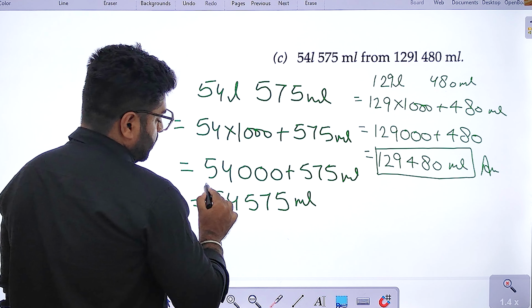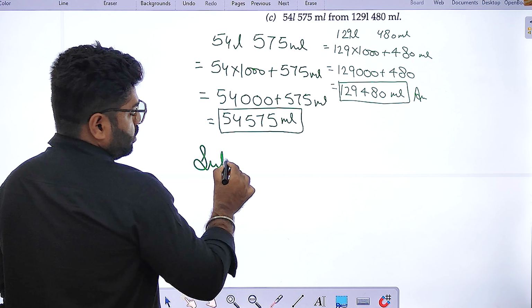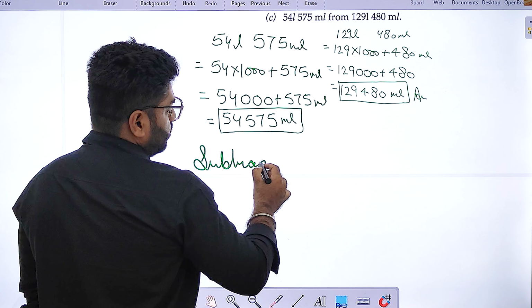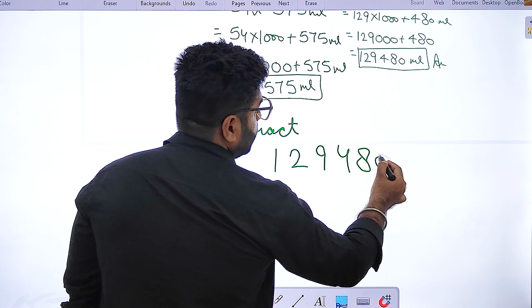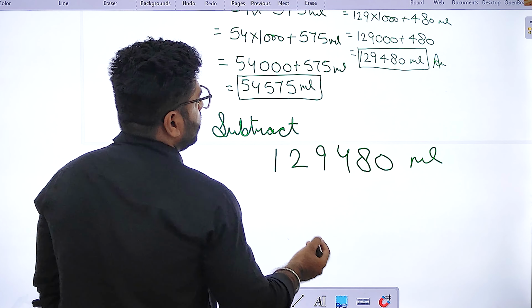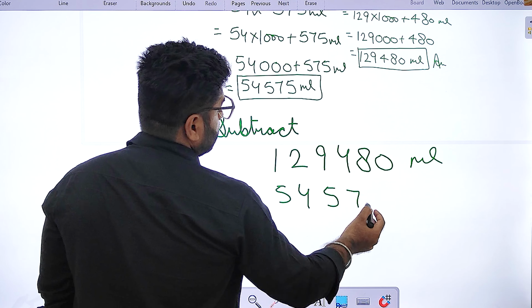So now here we have to subtract this from this part. So now we are going to subtract, and we are having our quantities just like this is 1,29,480 milliliter and 54,57, sorry.